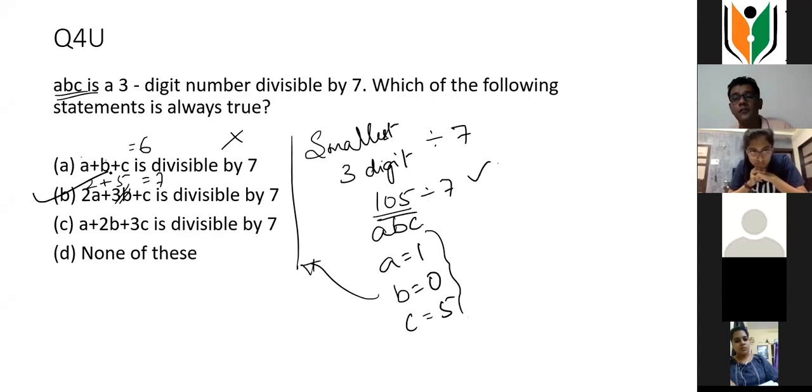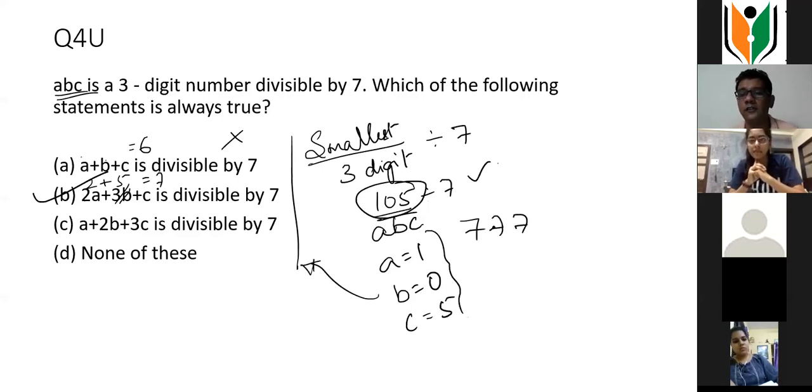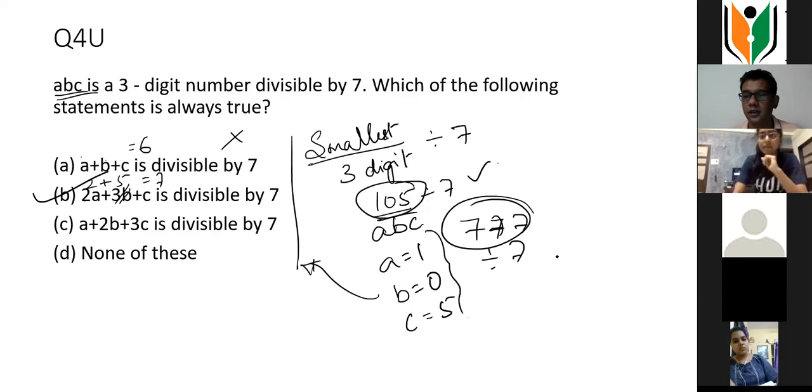So that's another way of answering the question, where you take a value. You do not have to take only the smallest number, guys. You can take any value. For example, I do not know maths, so I will take 777. Is 777 divisible by 7? Yes, it is. Then I'll substitute here to see. But the problem in this case is that 777 will be applicable for all of them, unfortunately, so you'll have to use another one.